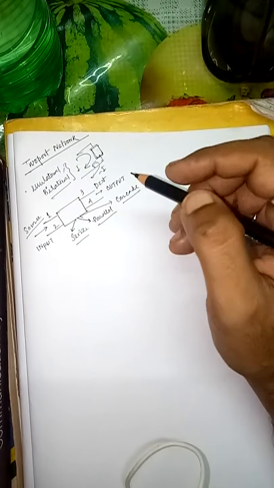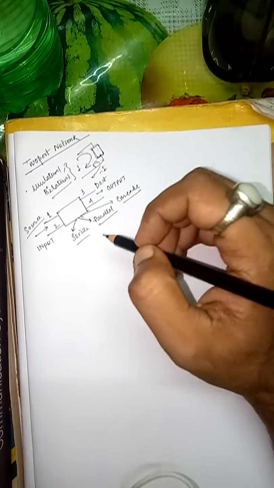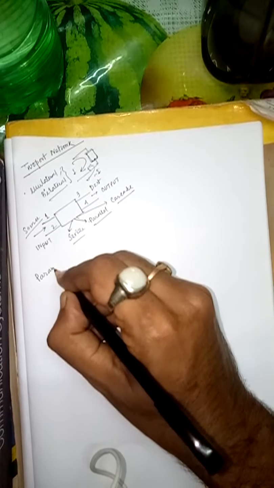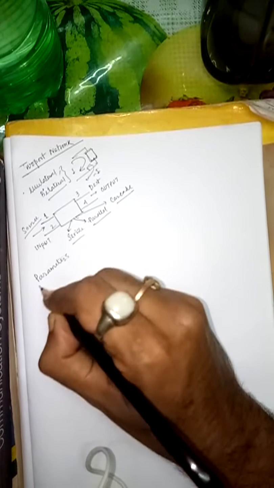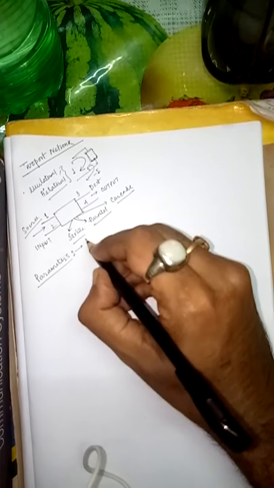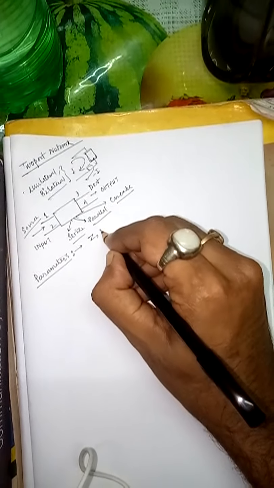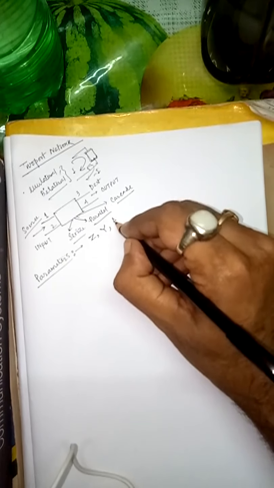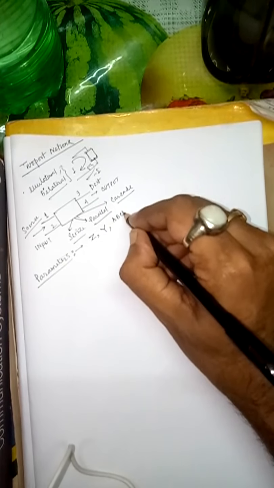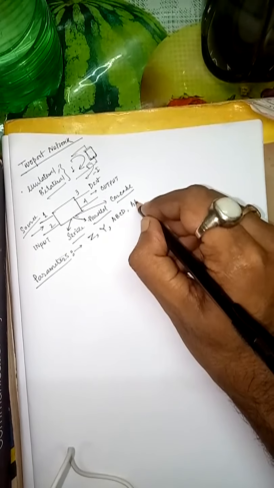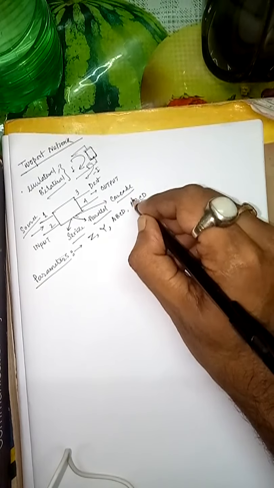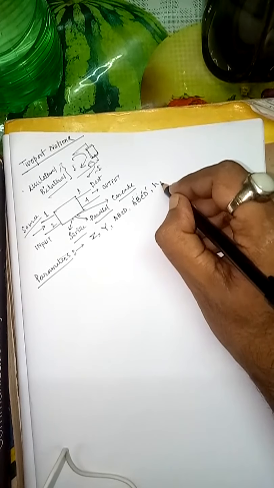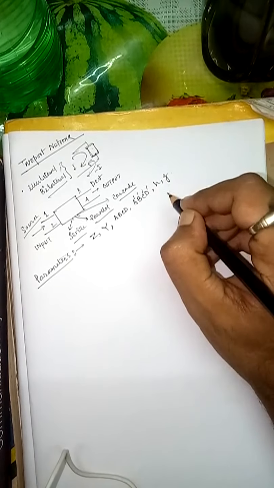Right, in our two-port network chapter we have different sorts of parameters. What are the parameters? They are Z parameters, Y parameters, ABCD parameters, inverse ABCD parameters, H parameters and G parameters.